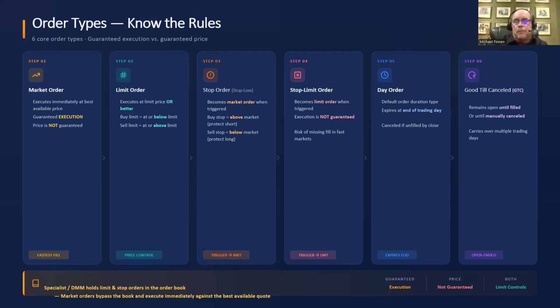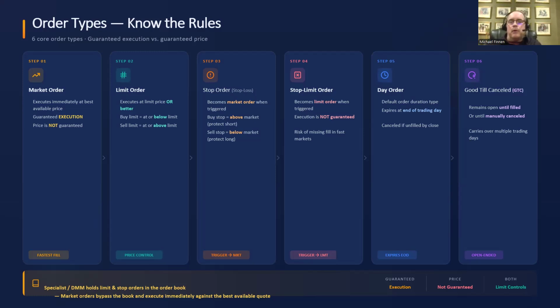Next, we have a limit order. What are limit orders? We have jobs, we have things we do, people want to talk to us during market hours. So let's say we see a stock that we want to buy and it's trading at $40, but we don't want to pay $40, but we do want to pay 39.50.